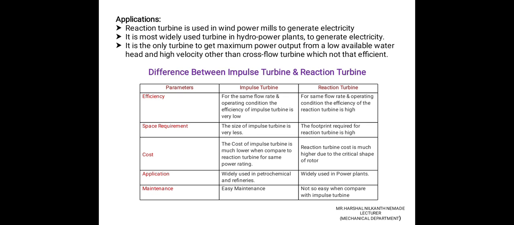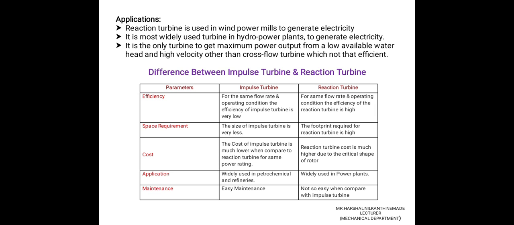Difference between impulse and reaction turbine. Parameters. Efficiency: for impulse, at the same flow rate and operating conditions, the efficiency of the impulse turbine is very low. For reaction, at the same flow rate and operating conditions, the efficiency of the reaction turbine is very high.